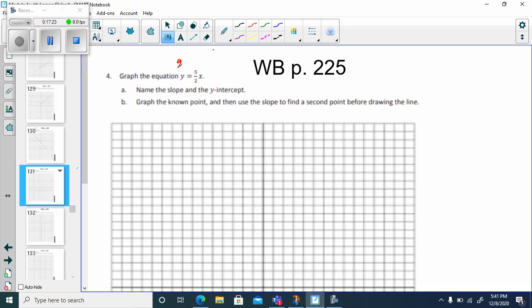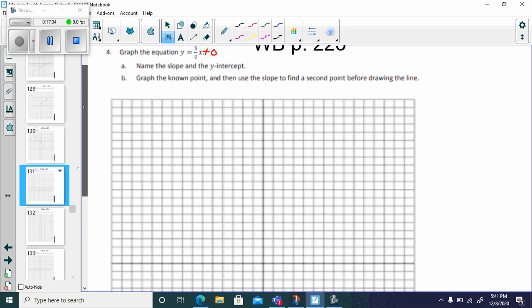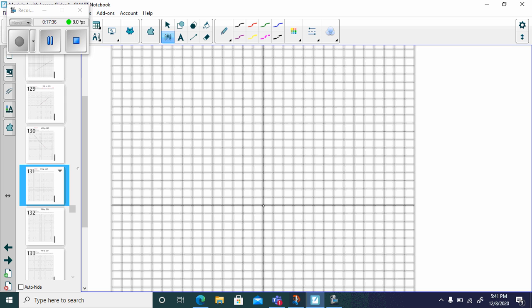What if we've got y is equal to 5/2 x? Y is equal to mx plus b. Well, there's nothing there for b. That means you're adding 0. So you start at 0, and your slope is 5/2. On the y-axis, we start at 0. My slope is 5/2. I'd go up 5. 1, 2, 3, 4, 5. And then I go over 2. I can do that again if I want to draw the line.